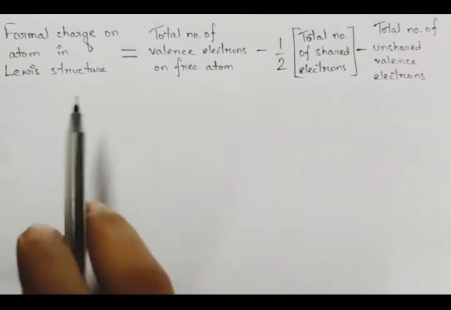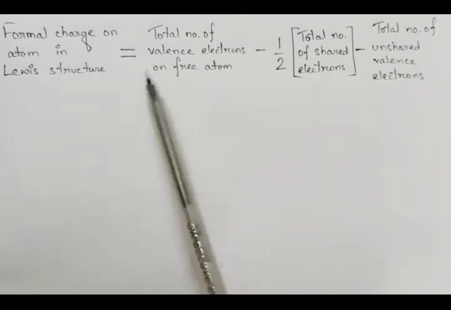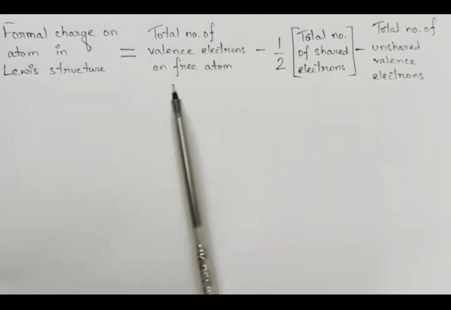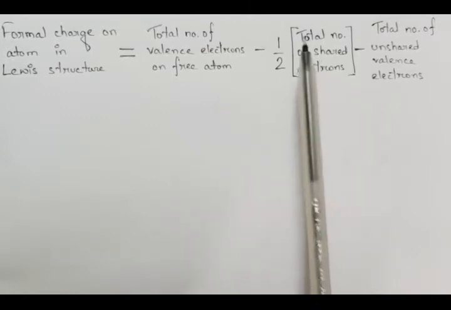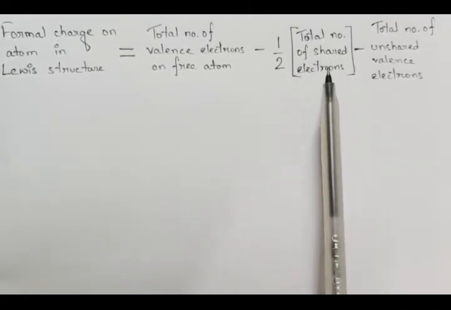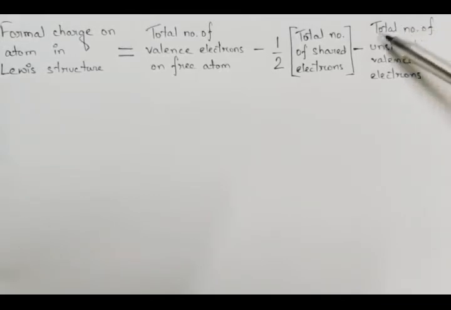Let me show you. This is the formula where formal charge of an atom in a Lewis structure is equal to the total number of valence electrons on the free atom, that is the central atom, minus half of the total number of shared electrons, minus the total number of unshared valence electrons. The unshared valence electrons are mainly the lone pair of electrons.